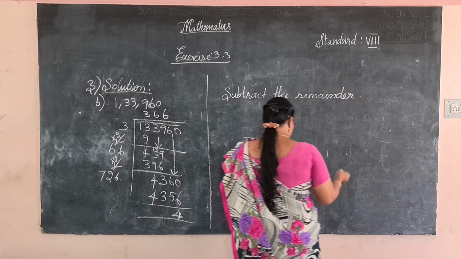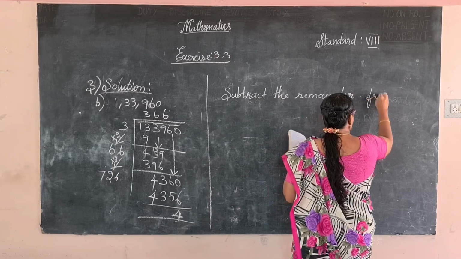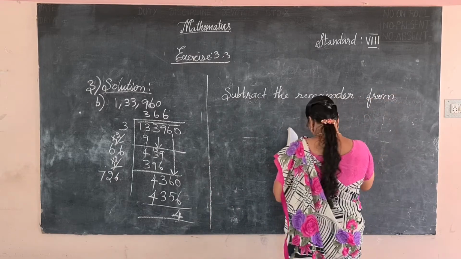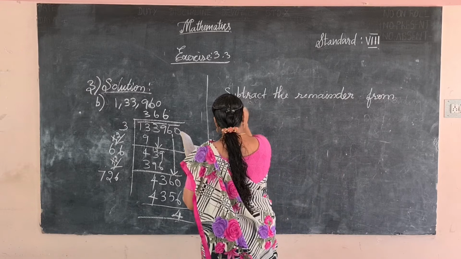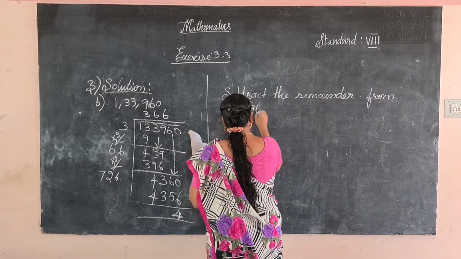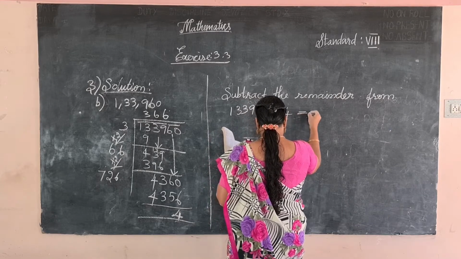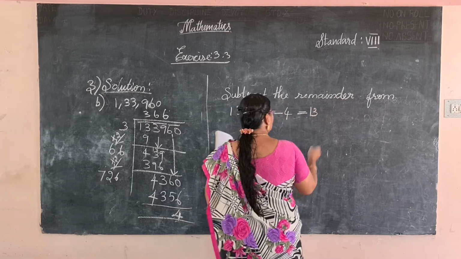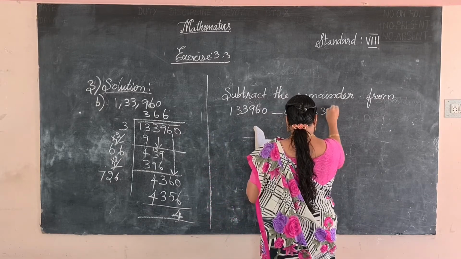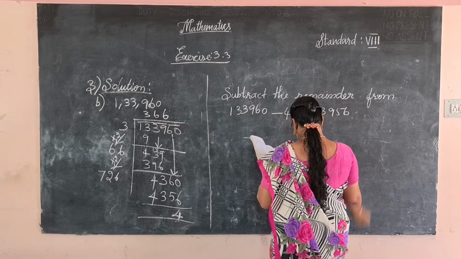Subtract the remainder from 1,33,960, equal to minus 4, equal to 13,395,6.